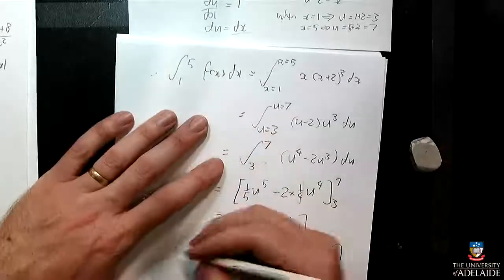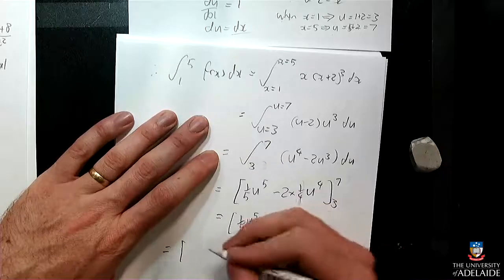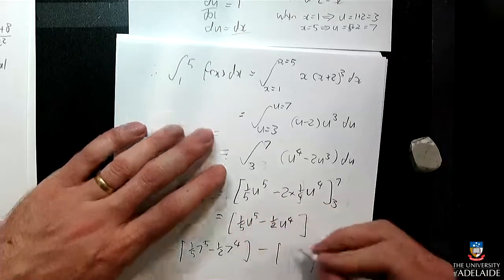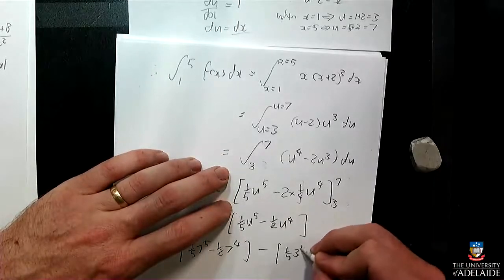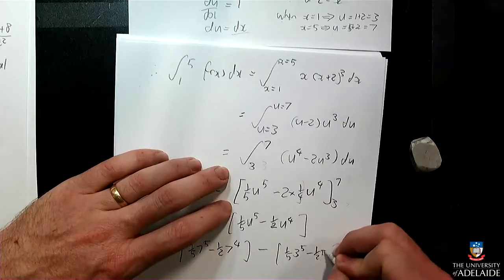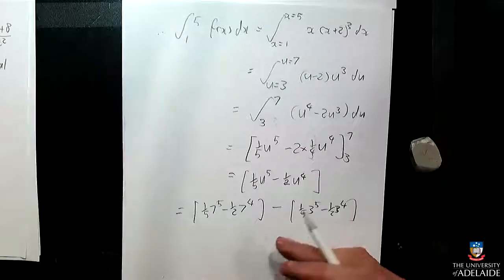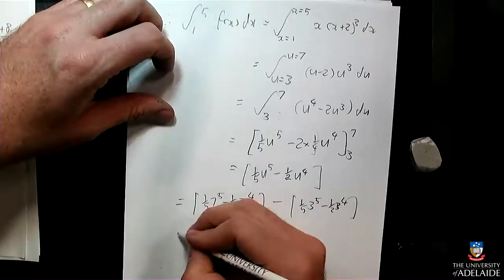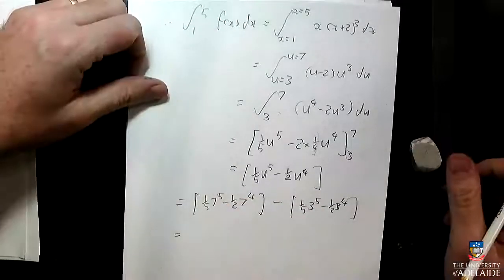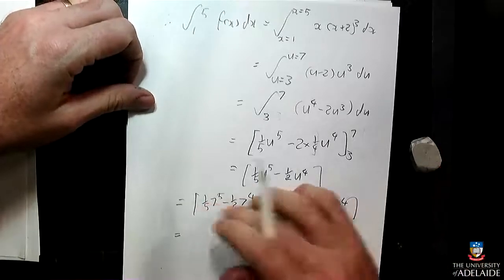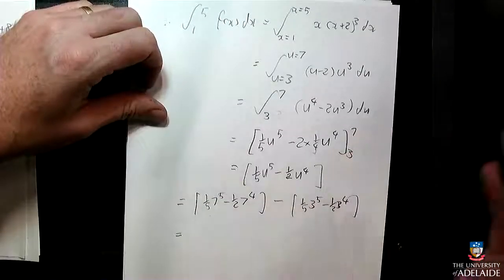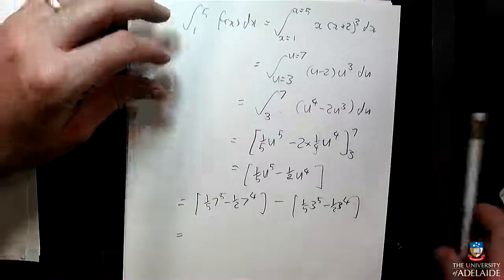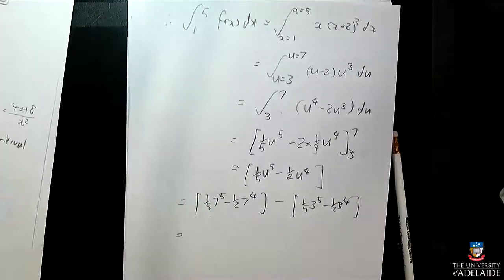So that's going to be 1/5 of 7 to the 5 minus a half of 7 to the 4, minus 1/5 of 3 to the 5 minus a half of 3 to the 4. Wow, that's a shockingly huge number, whatever that is. I guess there's a 7 to the power of 4 in both of these pieces. Wow, okay, big number. I'm just going to ask my calculator to calculate all of that at once.